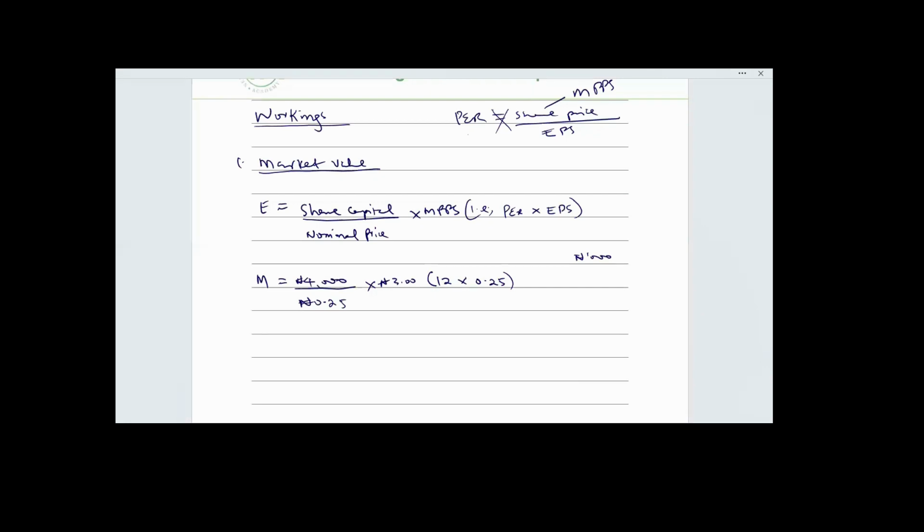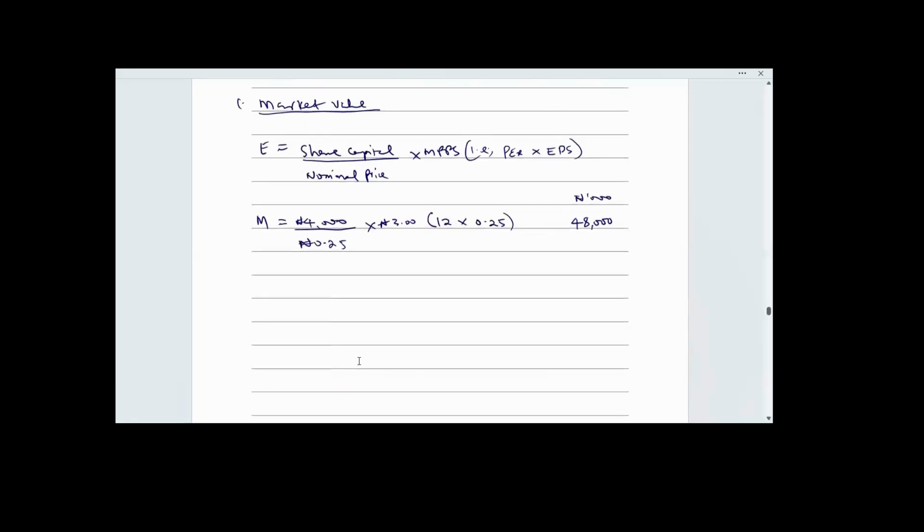So 4,000 divided by 0.25, multiplied by 3, gives 48,000. Therefore, the market value of equity of Mississippi is 48,000.